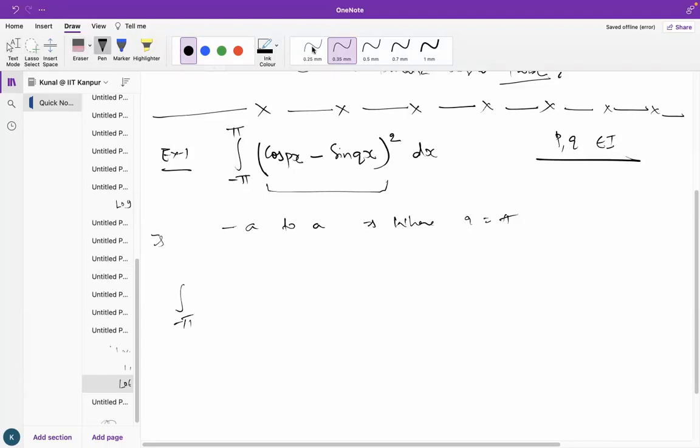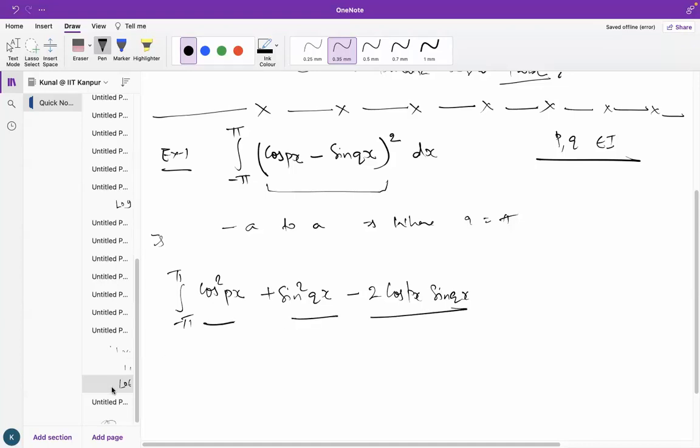Okay. So there will be minus pi to pi, and then cos square px plus sine square qx minus 2 cos px sine qx, right? So we have three terms.